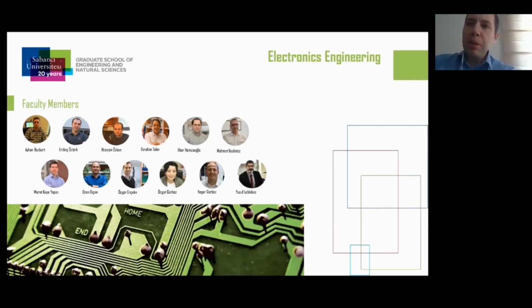İlker Hamzoğlu is primarily on the digital hardware design side for video processing and compression, system on chip, application specific ICs, and embedded system design. Mehmet Keskinöz is focusing on data analytics, data storage, information coding, statistical signal processing, and information hiding, data fusion.